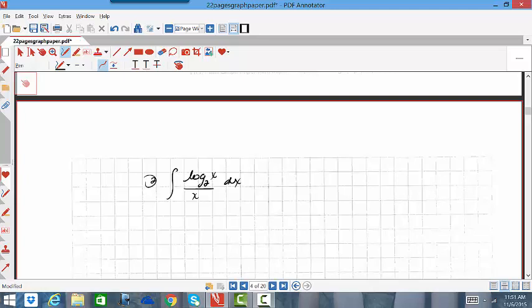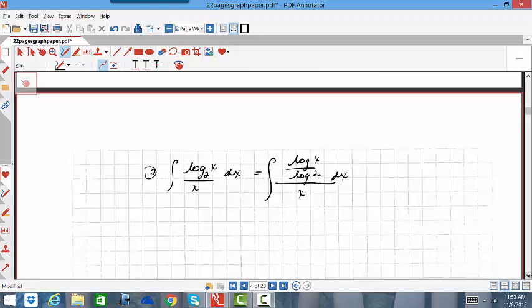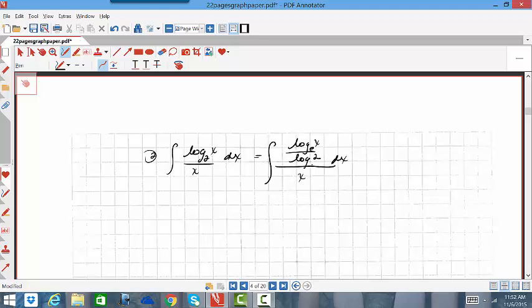The first thing we're going to do is use the change of base formula on the numerator. So this is going to be log of x over log of 2, that's the numerator rewritten, divided by x dx. Actually, if you change that base to e by using the change of base, then this would become the natural logarithm, which is a little easier to work with.